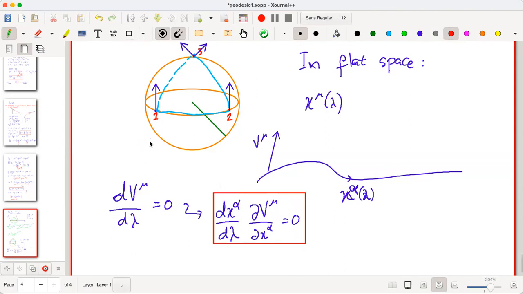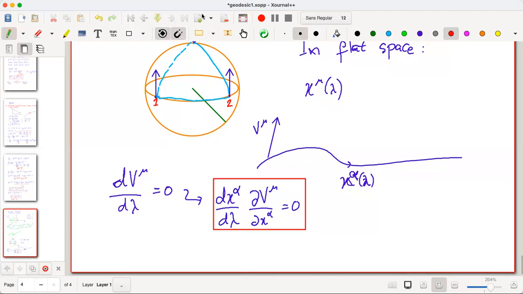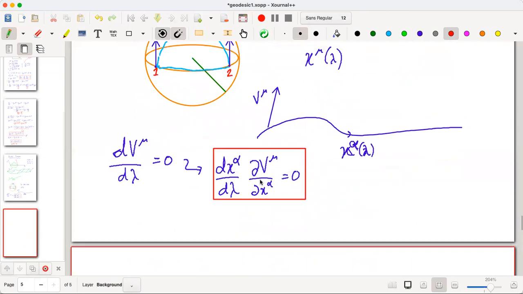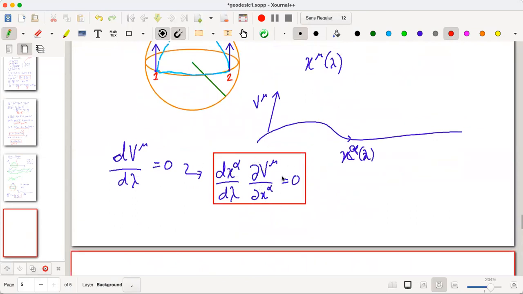Now, in curved space, this requirement is insufficient. Why? We know that in curved space, this object is not a tensor. In flat space it is a tensor because it is the derivative of a vector with respect to a scalar, so the result is a vector.